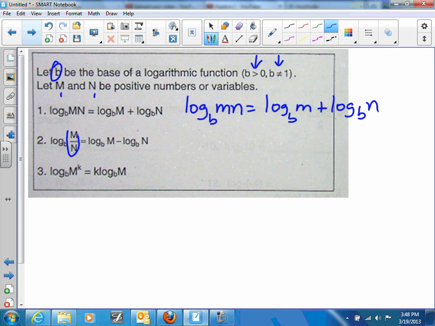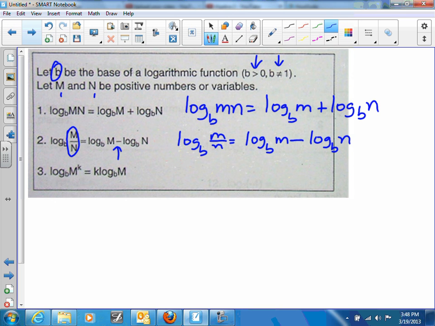Since this one is a division, we're going to split it up into a subtraction. So when you have log base b of m divided by n, that's going to be log base b of m minus log base b of n.